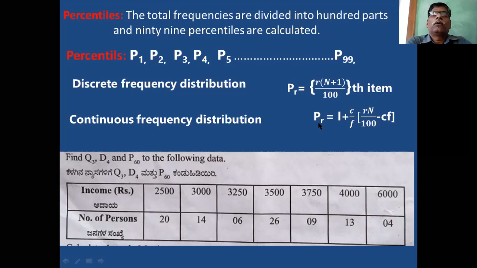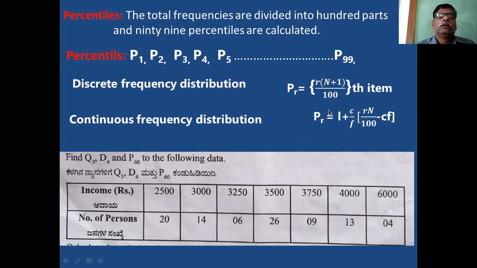And for the continuous frequency distribution, PR is equal to L plus C by F, in the bracket R into N, R and N are to be multiplied and divided by 100, minus CF. The same median equation applied, the only change is N is multiplied with the required percentile and divided by 100 instead of 2. This is the equation I modified.